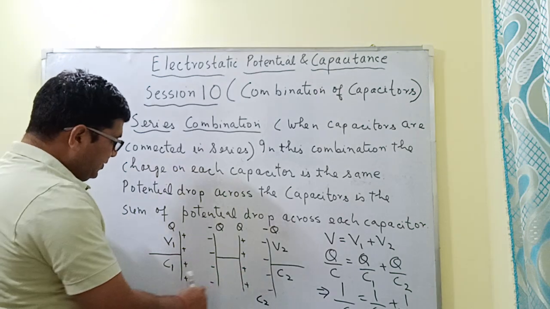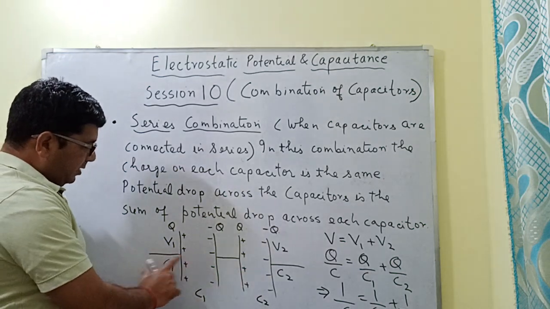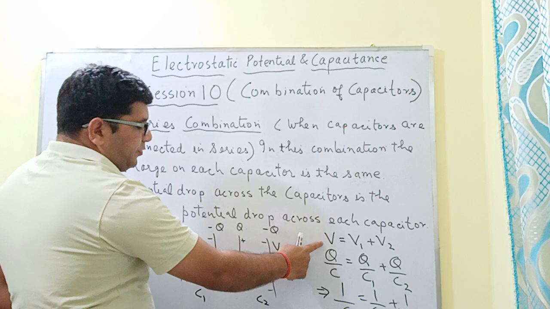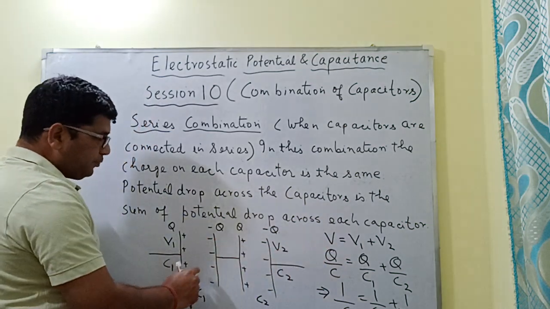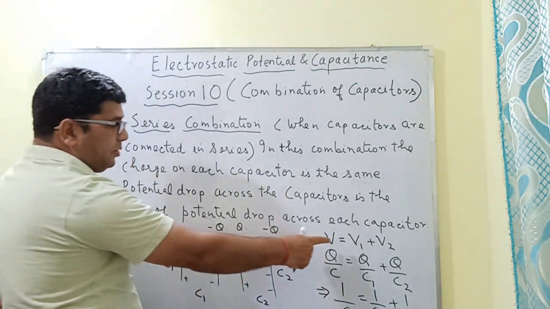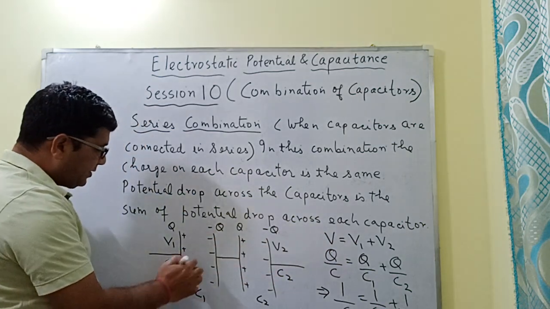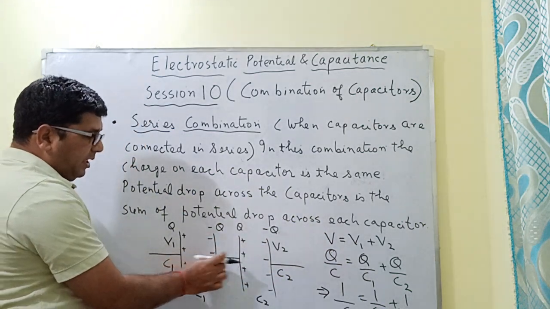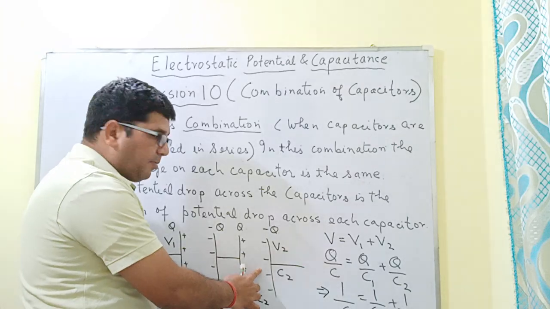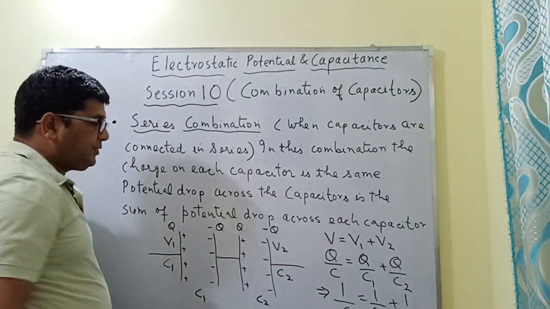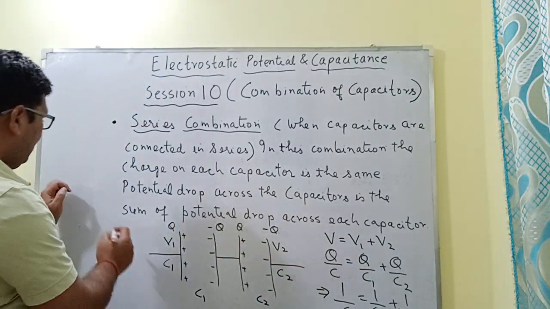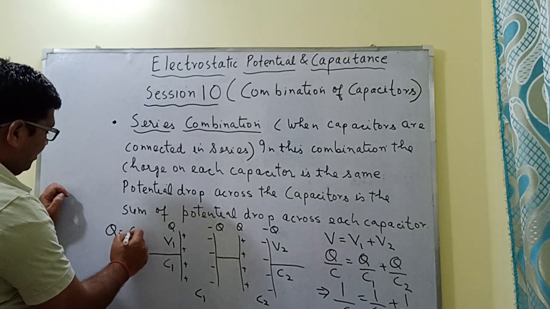capacitor. That is, if the potential difference across these two capacitors is V, then V will be equal to V1 plus V2, where V1 is the potential difference across this capacitor and V2 is the potential difference across this capacitor. Now V is equal to Q by C because Q is equal to CV. ठीक है ना?